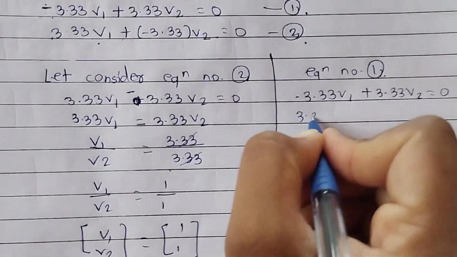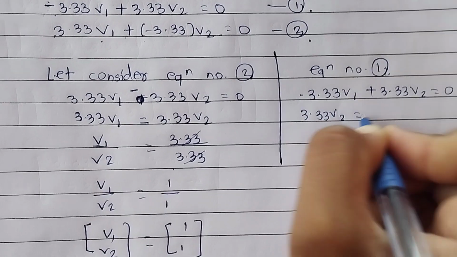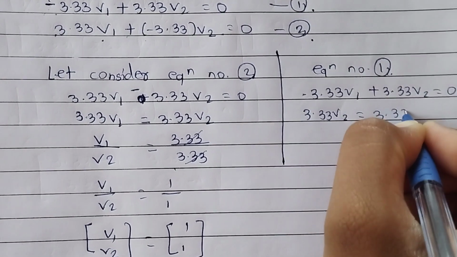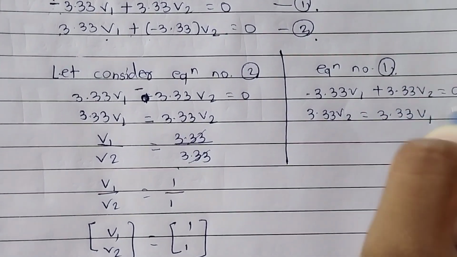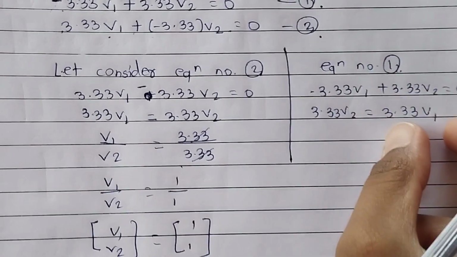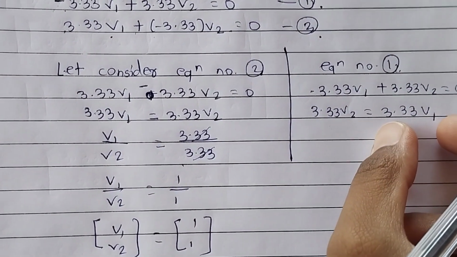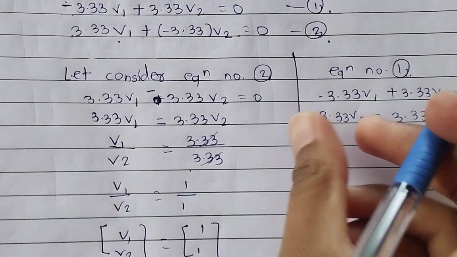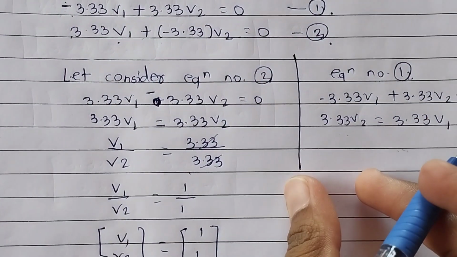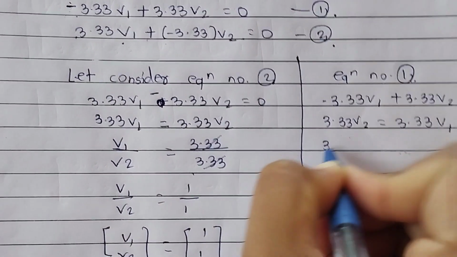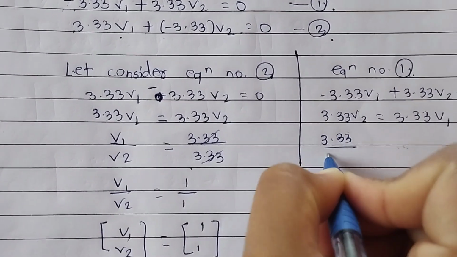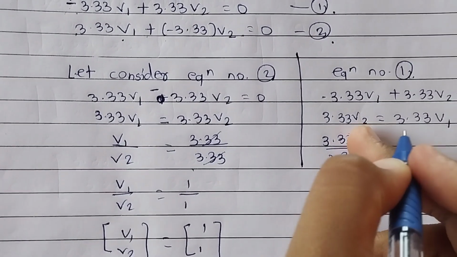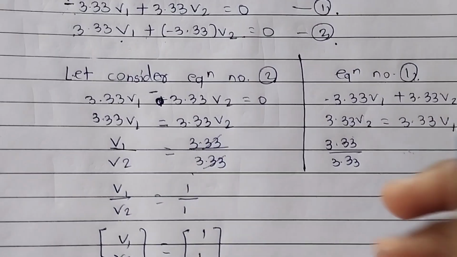So 3.33 V2 is equal to 3.33 V1. Next we put all the vector on one side and the numbers on the other side. So 3.33 divided by 3.33, and this V2 we transfer here.